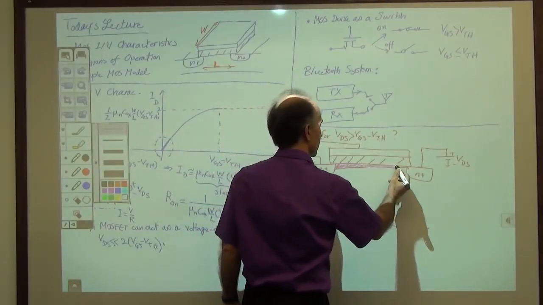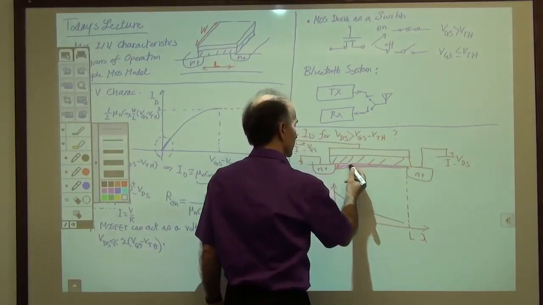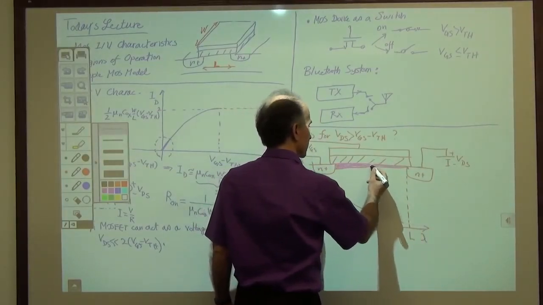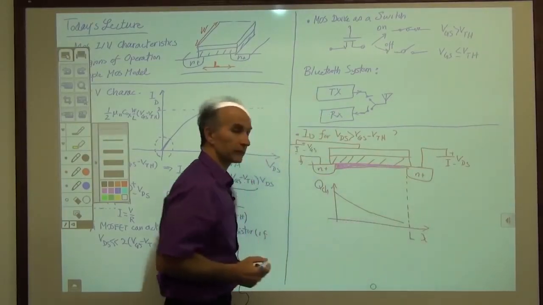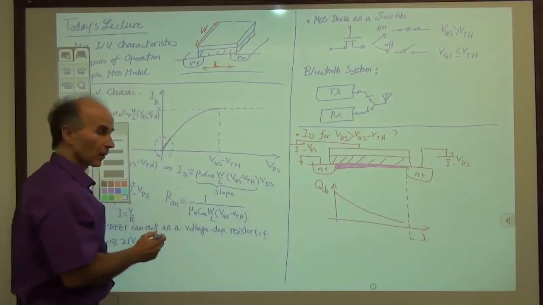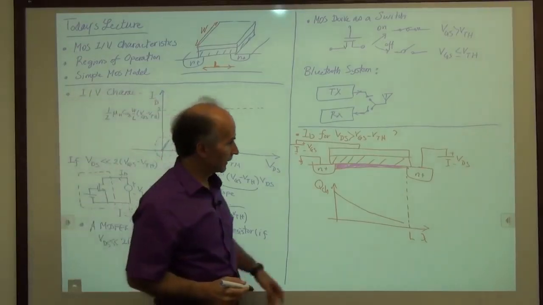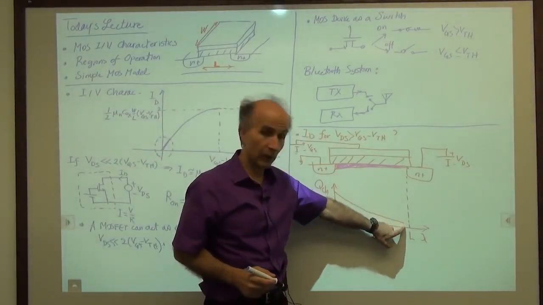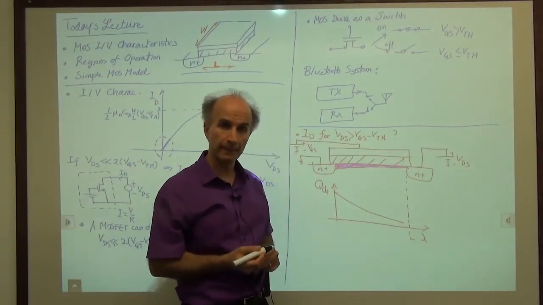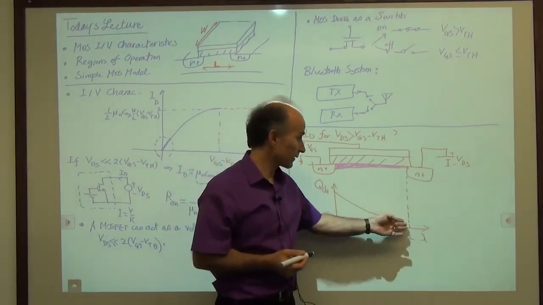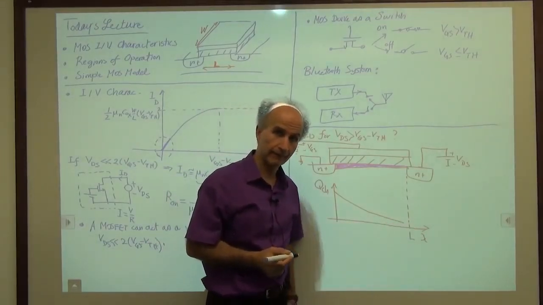So charge density is maximum near the source and keeps falling as we go towards the drain. Okay, good. Now, the question is, can this charge density fall to 0 at some point, maybe near L?